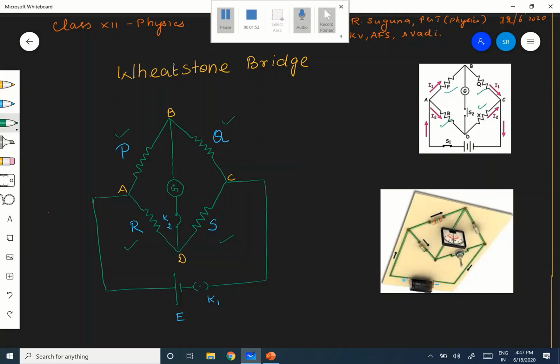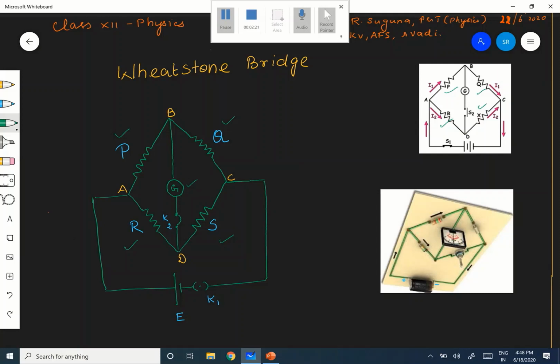Right. So now we are going to see how it works. For that, I have given here four resistors P, Q, R, S. Between the points B and D, a galvanometer is connected, and between the points A and C, there is a source of EMF, that is E. And of course, K1 and K2 are keys here.